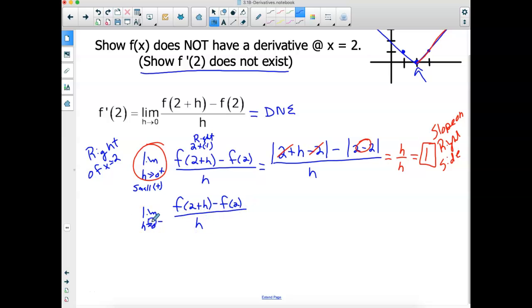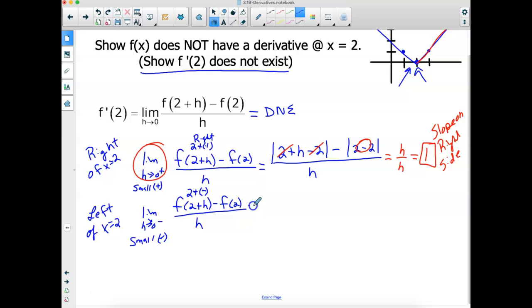Now, if I'm approaching 0 from the left, that's the left side of x equals 2, because now h is small but negative, which means 2 plus a very small negative number is a little bit less than 2, which means I'm on the left side of 2.